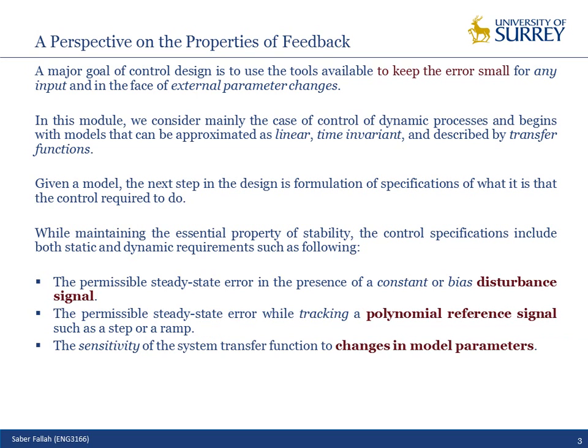What does it mean? We design a control system for a new product. Everything is perfect. We have the exact model. The model is very well matched with the actual system, but after a while, the system will age and the parameters will change.